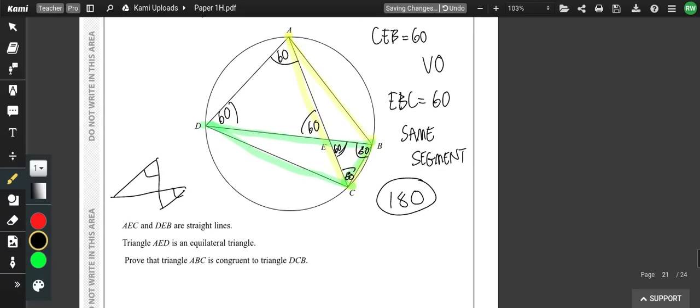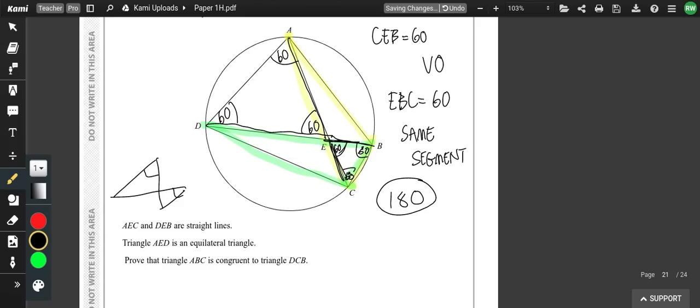So at each stage, we're kind of putting our thinking in. So we've now shown that that's an equilateral triangle as well. So what else do we need? Well, if this is an equilateral triangle, then EB and EC are the same length, and AE and DE are the same length.